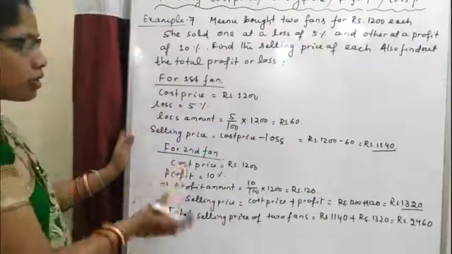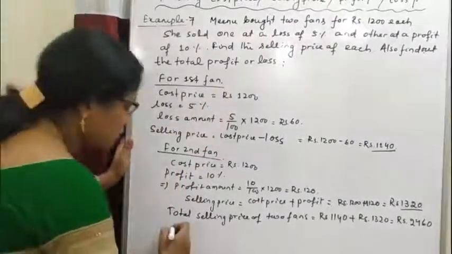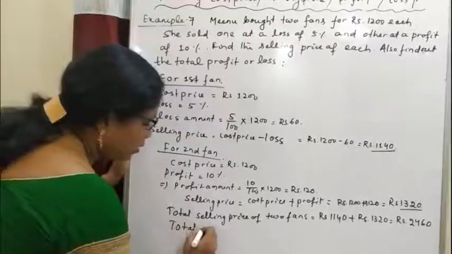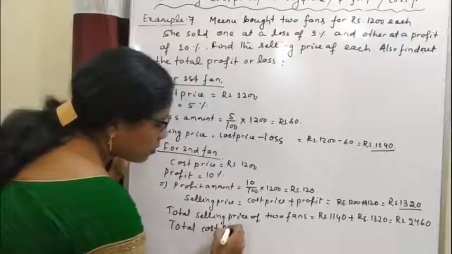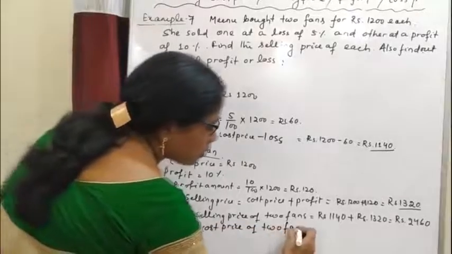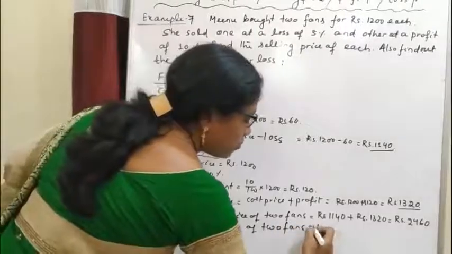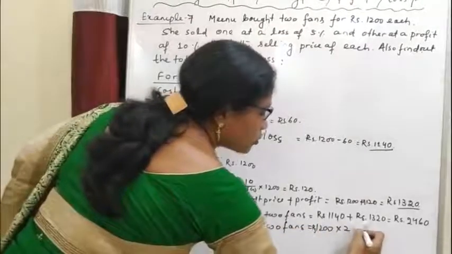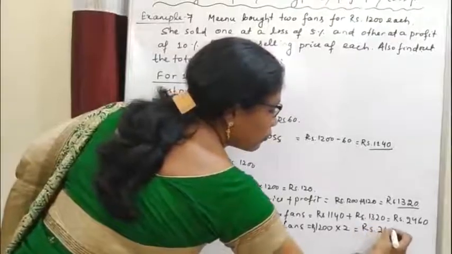But what is the total cost price of the two fans? It is equal to 1200 rupees multiplied with 2, so rupees 2400.